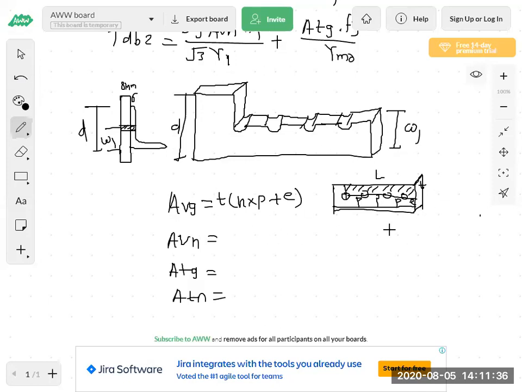Are you getting everyone? ही लेंथ इंटू ही थिकनेस म्हणजेच बघा इथून इथपर्यंतची. सो फर्स्ट पिच, सेकंड पिच, थर्ड पिच अँड लास्ट इज दी एज डिस्टन्स.